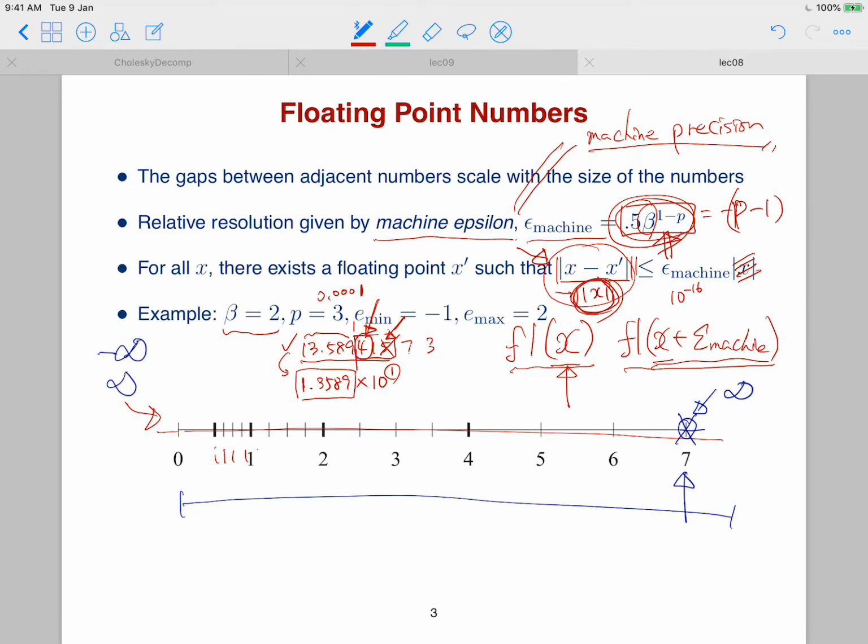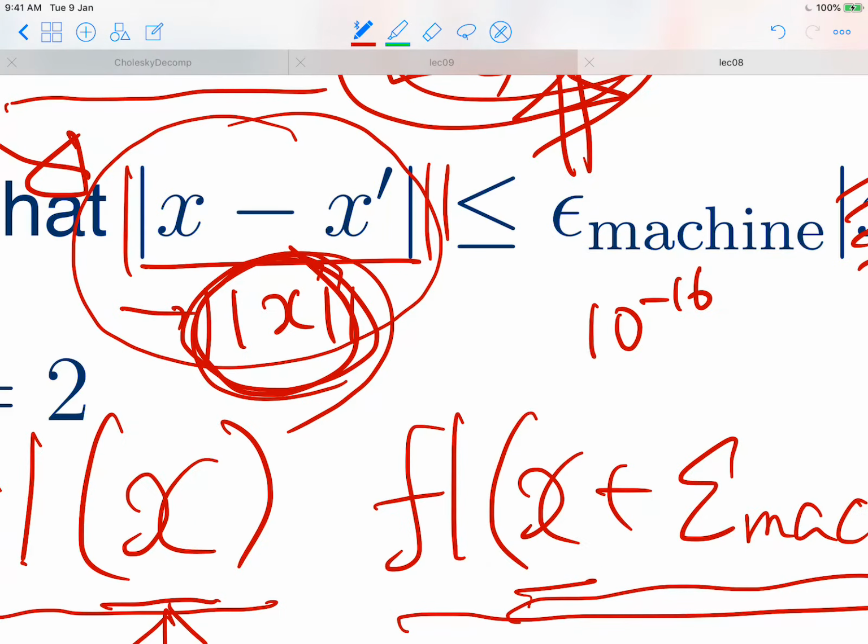And so from the computer's perspective, as long as the relative difference between the true value and the approximated value by the computer is smaller than that value, that situation is considered just fine. It is a reasonable situation that we can tolerate, right?